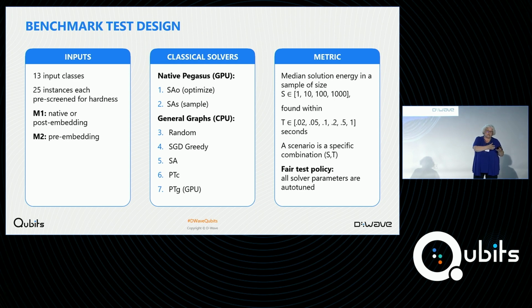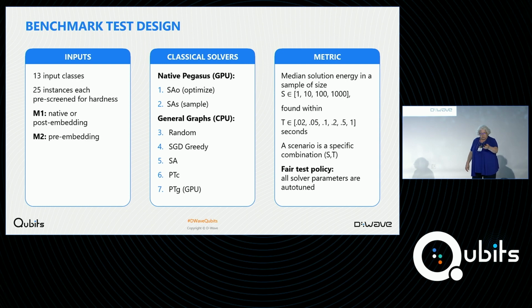We know the smaller problems have been too small for all the previous machines for us to get past that, so we're at least looking for something that is feasible to test. And for M1, we looked at native problems, or the native inputs, and the post-embedded inputs, and for the second one, we compared the pre-embedding to the post-embedding versions of each input.